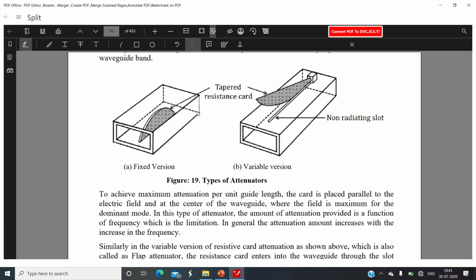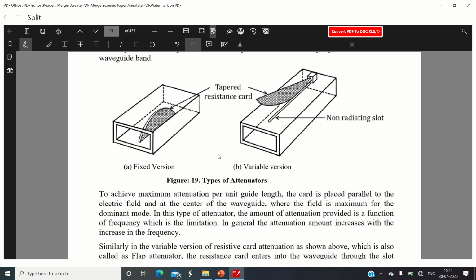For example, if you want to obtain attenuation of 1 dB, 2 dB or 5 dB and so on, a resistive card which is placed in the path of signal propagation will absorb the signal. So at the other end, when the signal comes out, it will be reduced in its magnitude, and thus a fixed amount of attenuation can be made possible using resistive card attenuators.